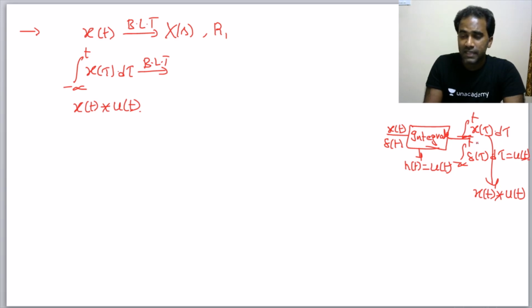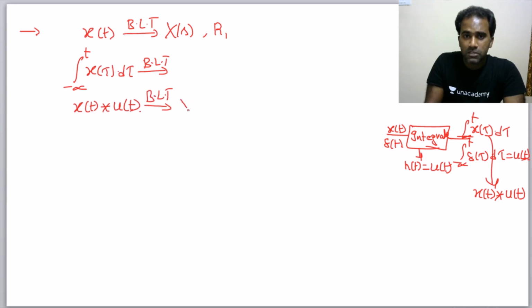Or whenever you see a signal integrated from minus infinity to t, you can express it as x of t convolution with u of t, according to convenience. Here, my convenience is to look at it as integration. You can imagine x of t being passed through an integrator, whose output is x of t convolution with u of t. It is better to understand it like this, so that it is easy to understand the Laplace transform property.